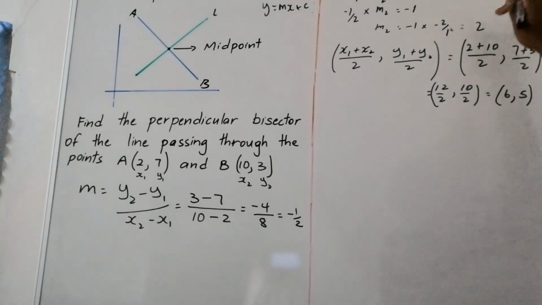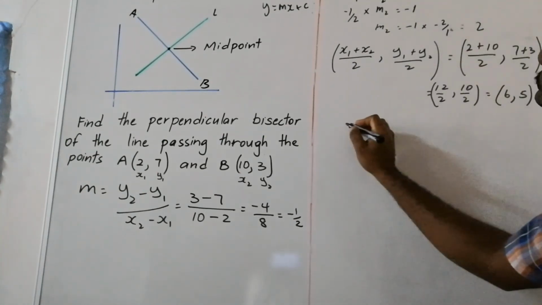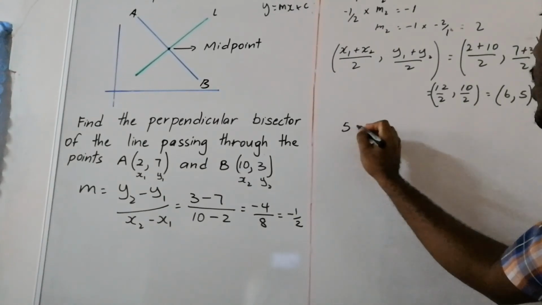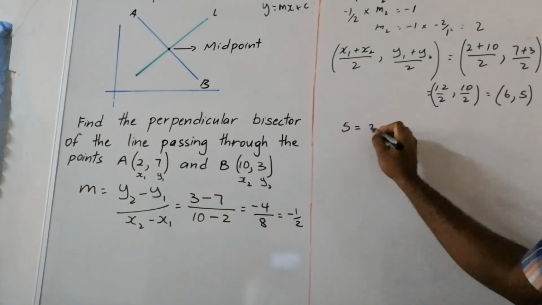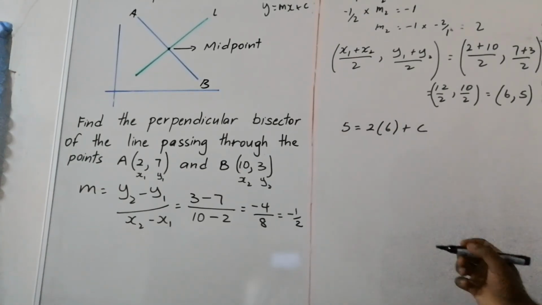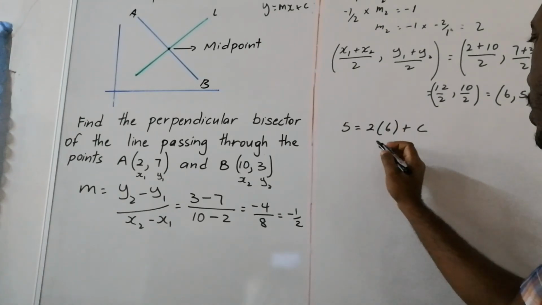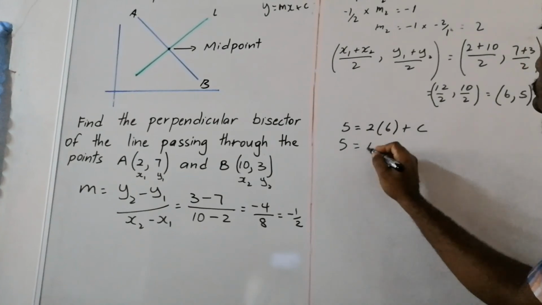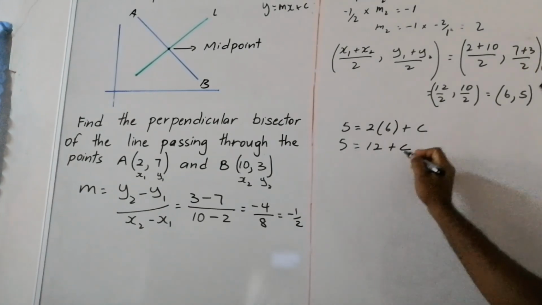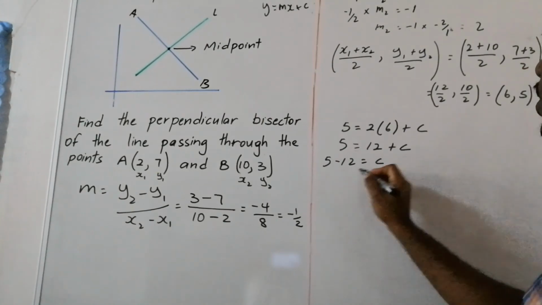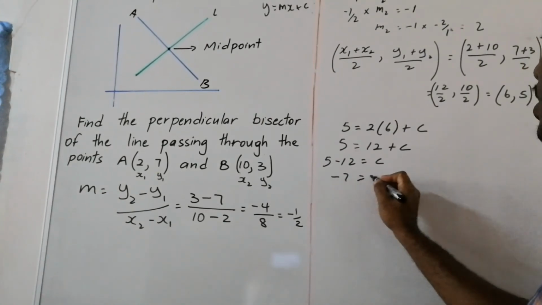We know our gradient is 2. So y, which is 5, equals 2 times 6 plus c. 2 times 6 gives us 12, so 5 is equal to 12 plus c. Taking over our 12, 5 take 12 gives us c, so minus 7 is equal to c.